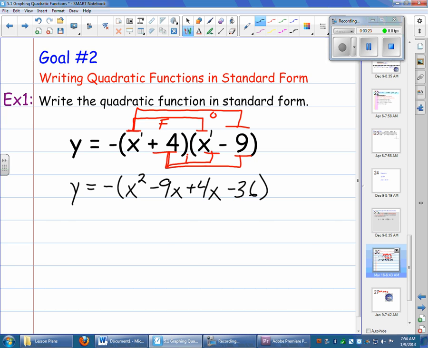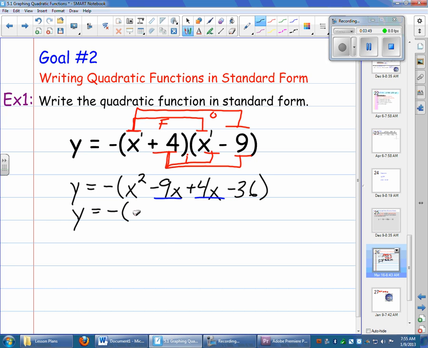Before we do any more multiplying, remember, we still need to distribute a, which in this case is -1, through the whole quantity. But before we do that, I would recommend that you simplify what's inside the parentheses. Because we do have those like terms in the middle from the O and the I, let's get them together.